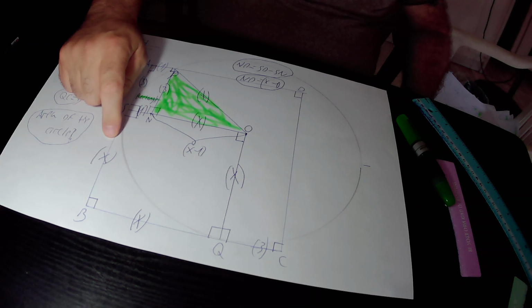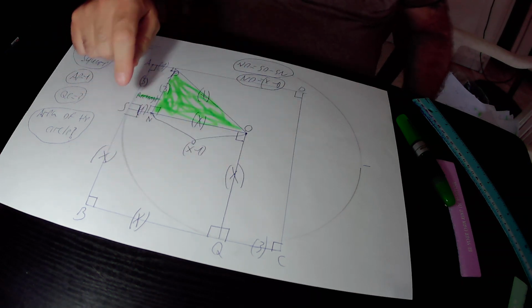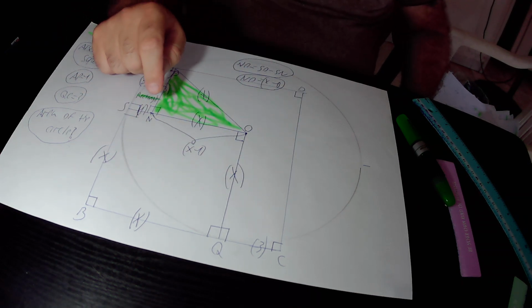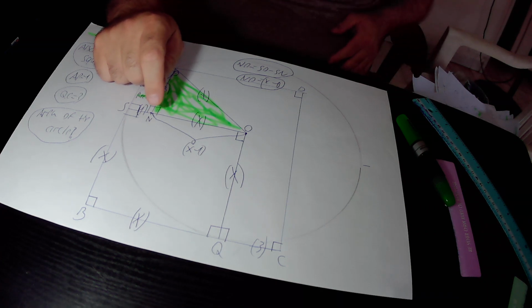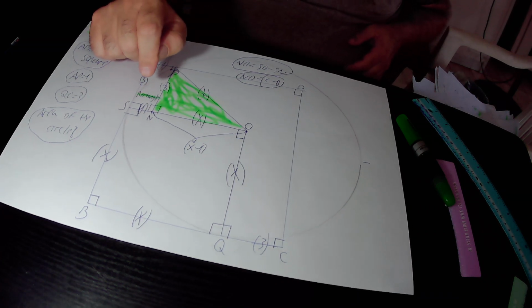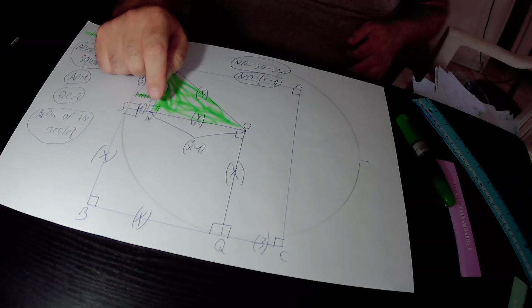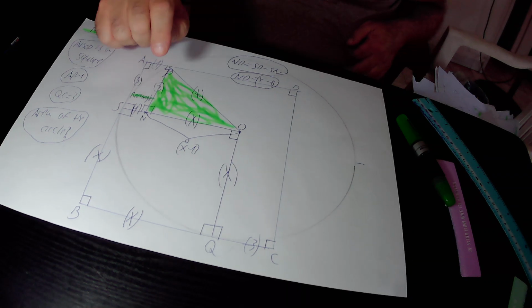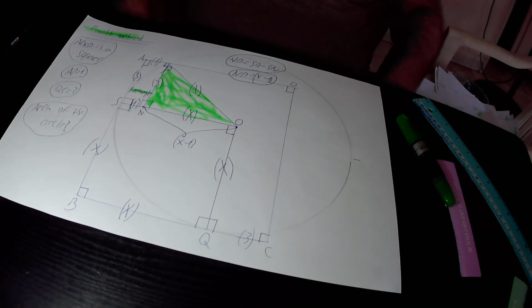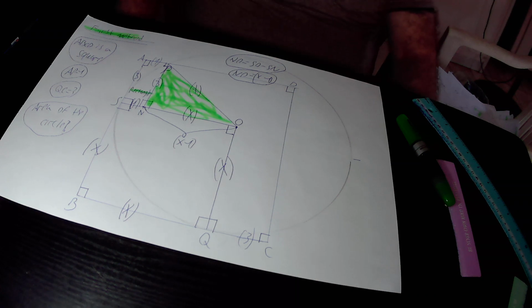So we actually found out that quadrilateral SOQB is not just a rectangle but a square. Why? Because all of its sides are equal to each other. Each side of this square SOQB is equal to x units. So therefore, quadrilateral SOQB is a square.